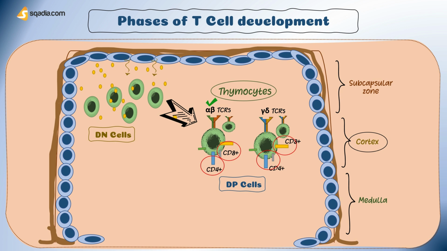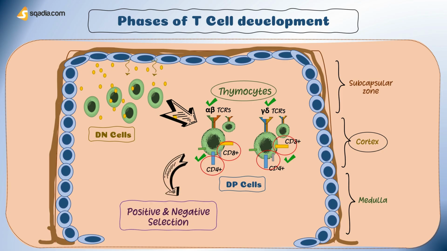Till this stage, thymocytes have developed either alpha-beta or gamma-delta TCRs, along with both cluster differentiation or CD proteins. Now, from here, the positive and negative selection of T lymphocytes occurs within the medullary zone of the thymus.